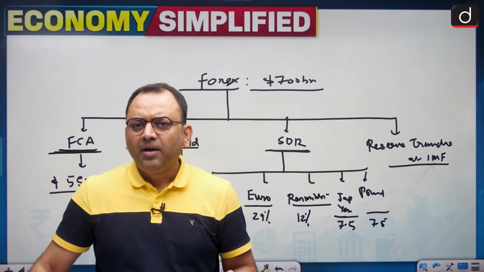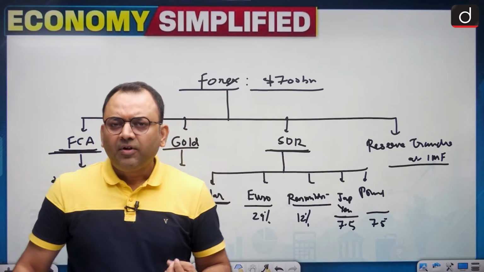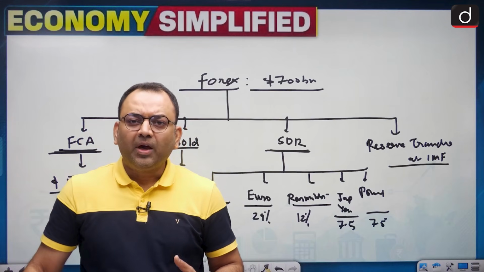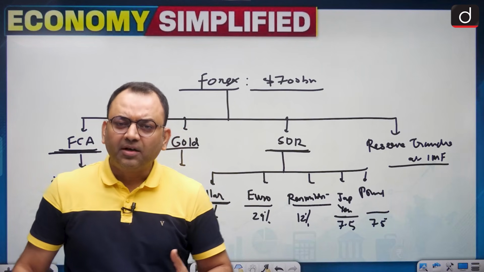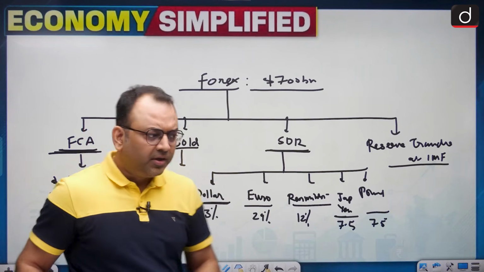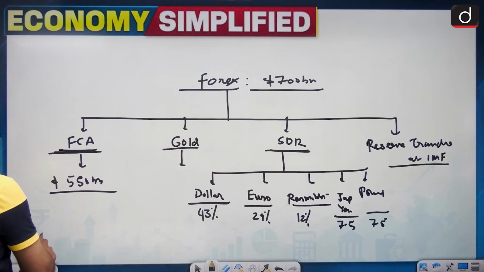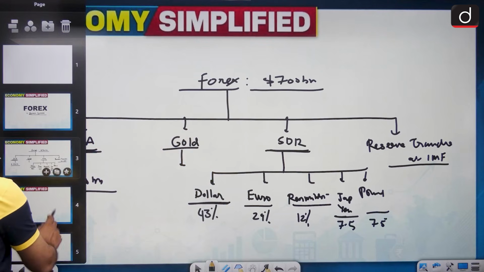Suppose we have a high amount of Forex, we are able to pay our debts, our obligations and our imports, and as a result India will be in a better position. Let's have some questions on the Forex to understand it in a better way.